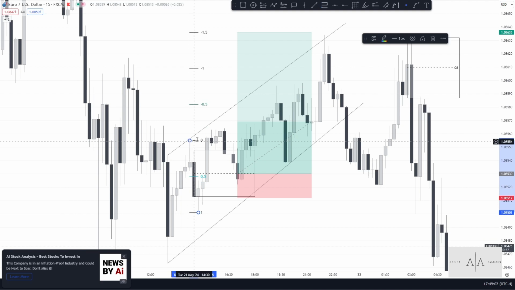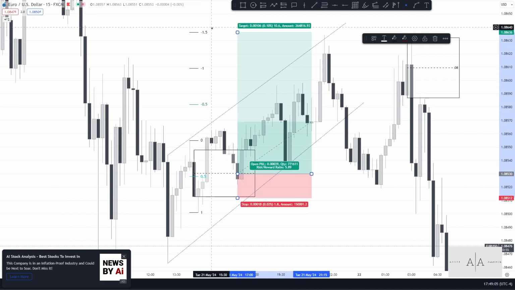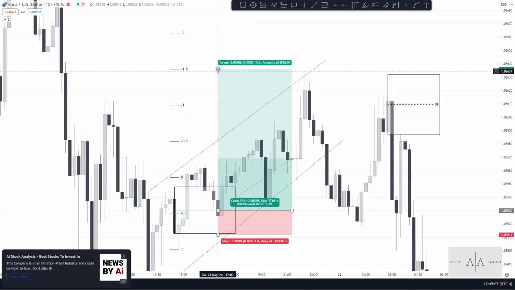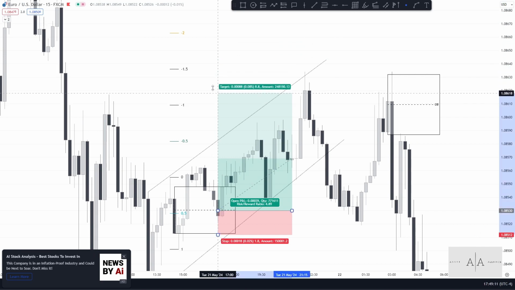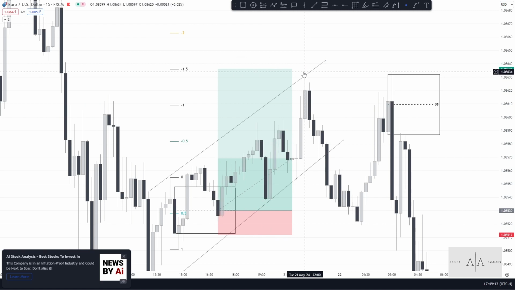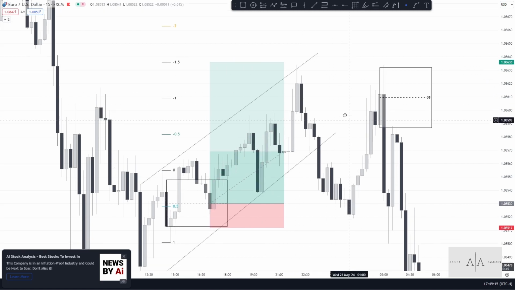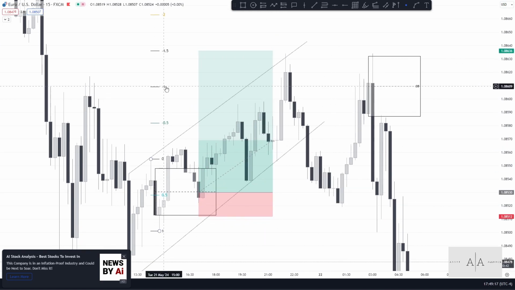Let's see what we got. Do we have the 1.5? We do not have the 1.5, so when you saw the reaction at the 1.5, you would have closed the trade, because after the -1 you are in break even.